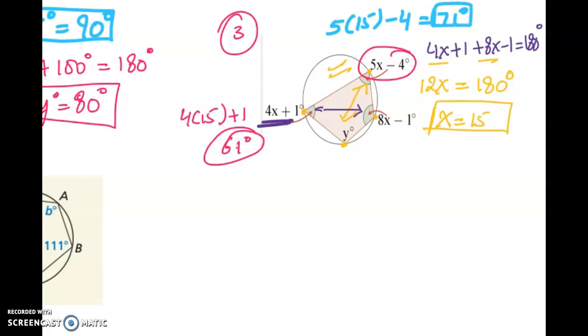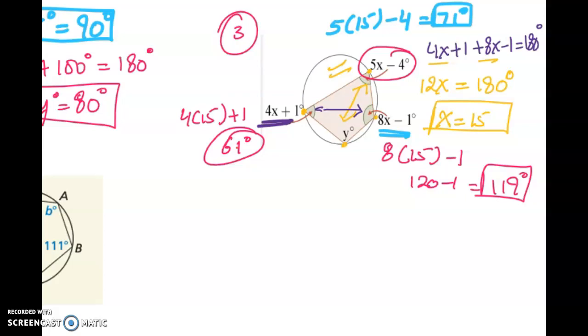One more check. Let's find out these two bottom angles. I know 4x plus 1 and 8x minus 1 should add up to 180. Let's plug in the value of x. So 8 times 15 minus 1. 8 times 15 would be 120, minus 1, 119 degrees. One more time, I need to find the value of y.